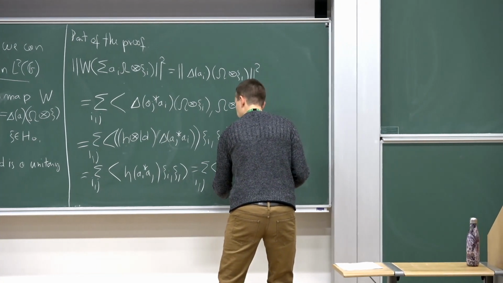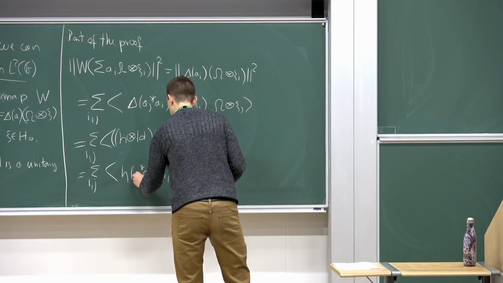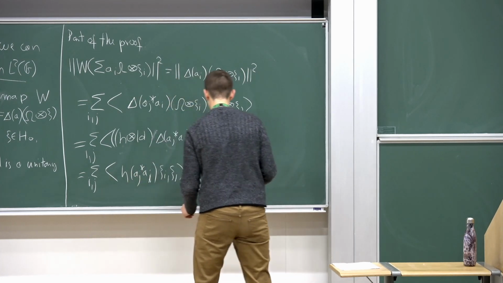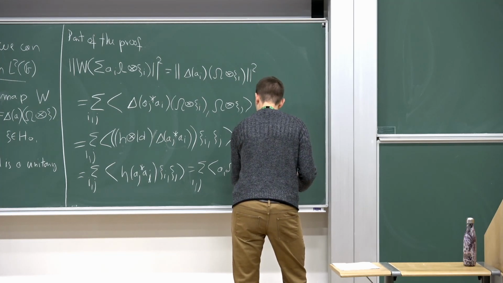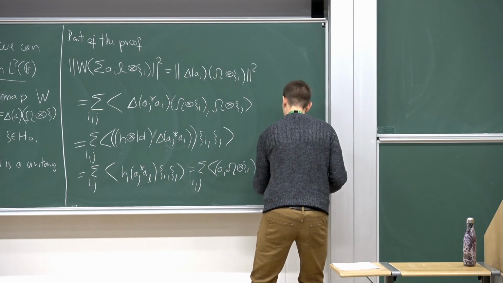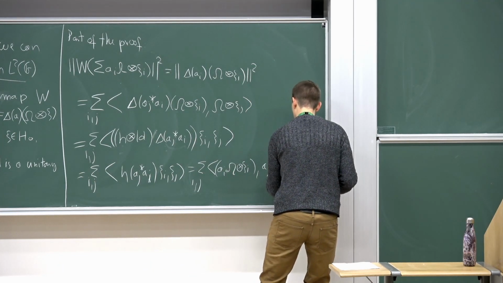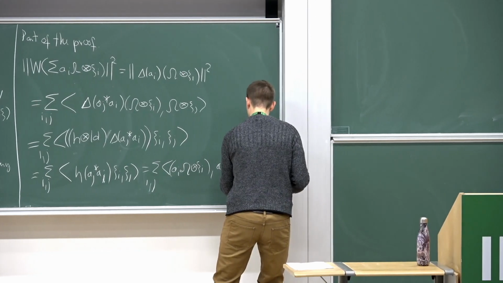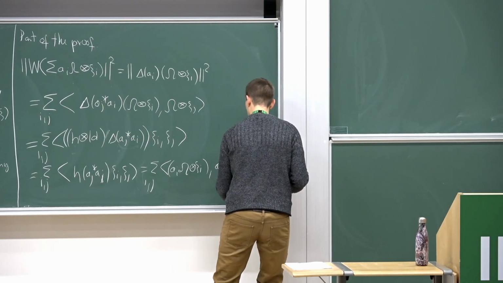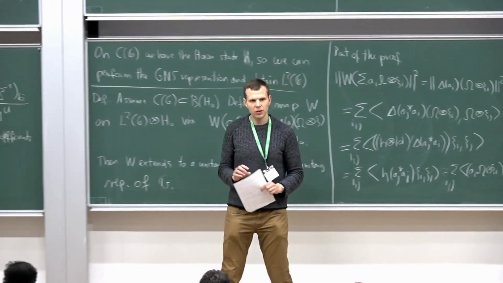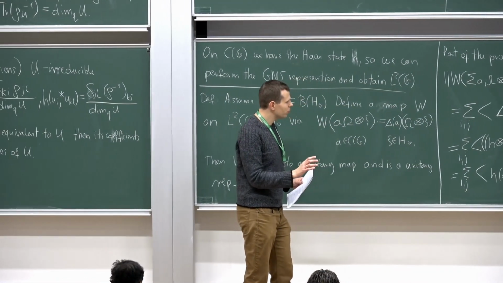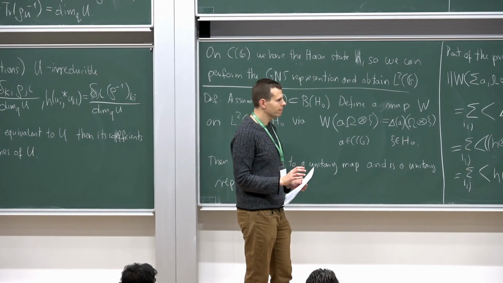Sorry, I swapped the j's with i's, that's why I was confused. So it's the original vectors. This shows that W is isometric.